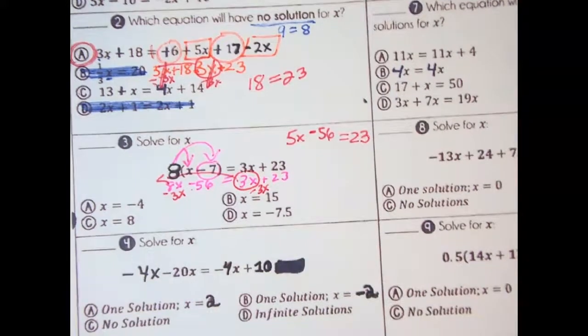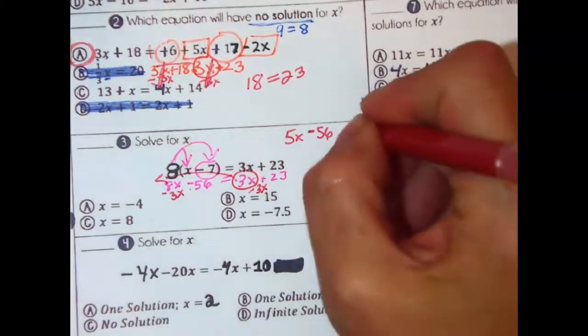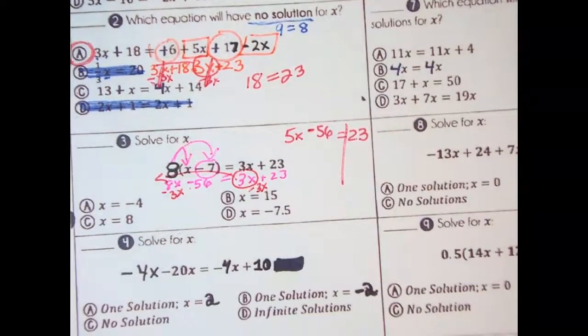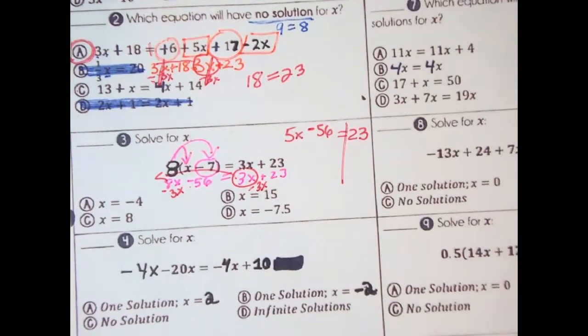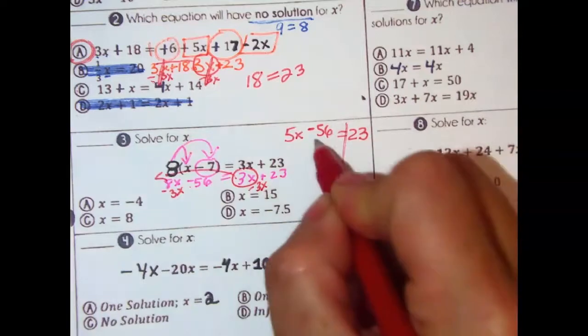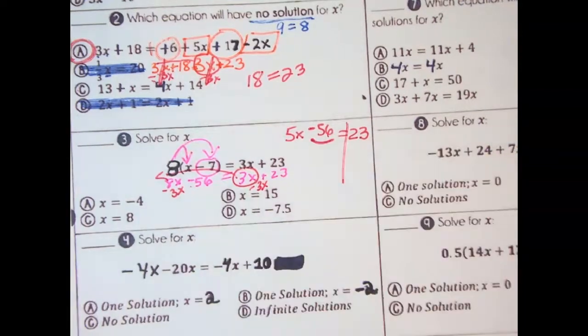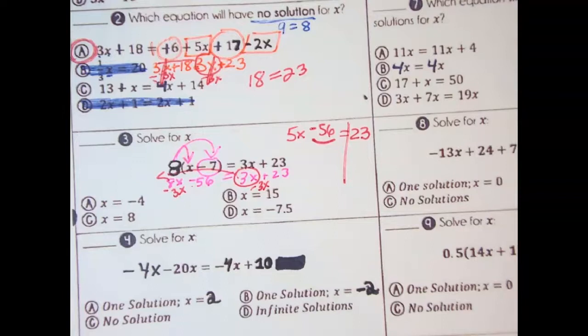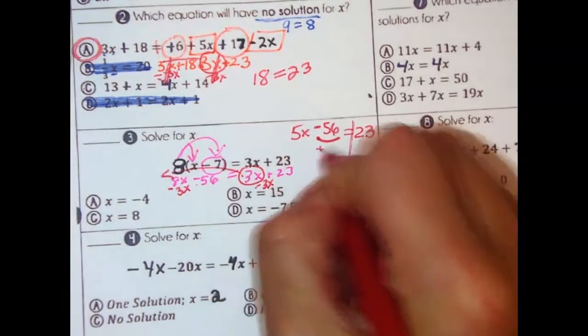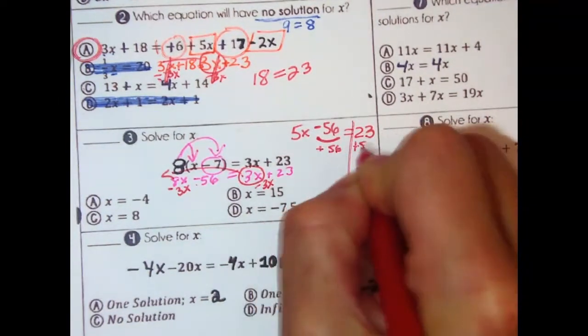From there, it's a 2-step equation. So I'm going to go ahead and I'm going to put in my sign on my line, and I'm going to solve from here. So I get rid of addition or subtraction first, which means the number all by itself, minus 56. The opposite is plus 56, plus 56.